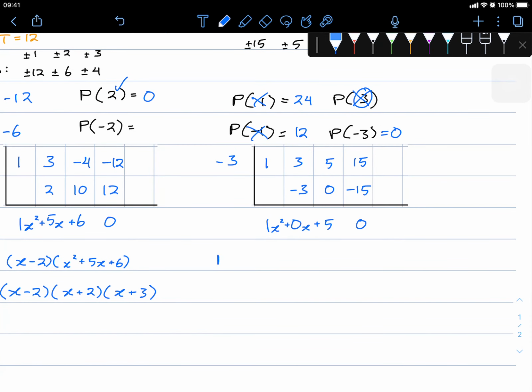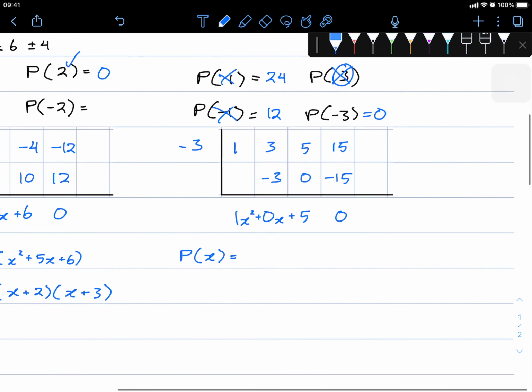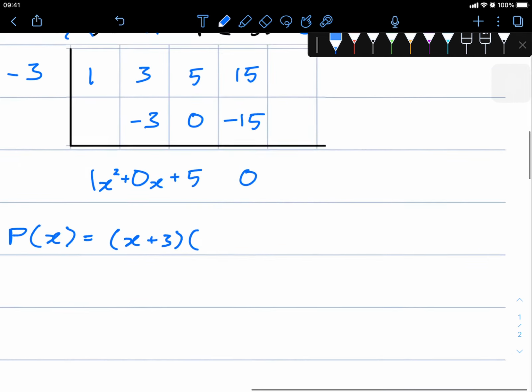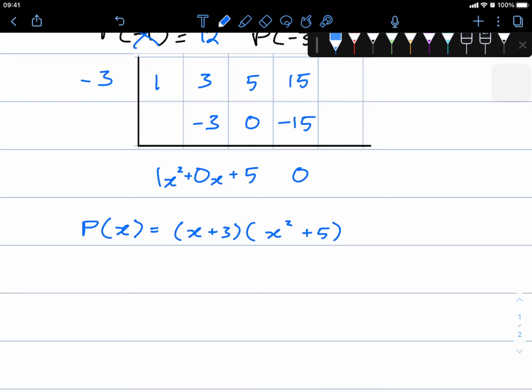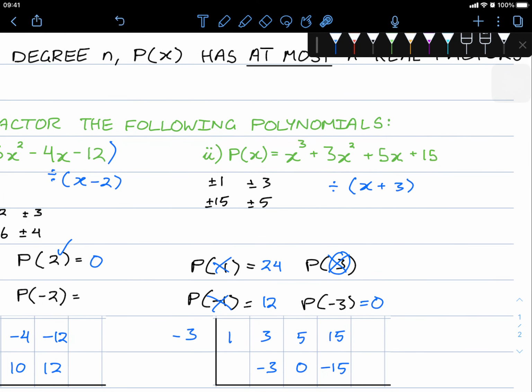So that means p of x can be written as, we had x plus 3 times our quotient here, x squared, 0x is just 0, plus 5. Unfortunately, this is not a polynomial that we can factor using regular means. So this is a fully factored form of this expression here.